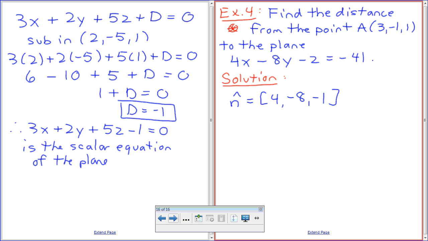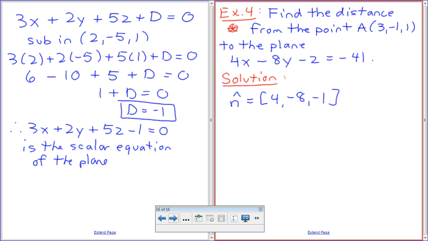I'm hoping that everyone could have gotten that. Jason, how you feeling? That makes sense. The normal is just going to be your x, y, z coefficients. And then the negative 1, if you just bring it over, it just becomes a scalar equation. That would be the scalar equation: 4x minus 8y minus z plus 1 equals 0.